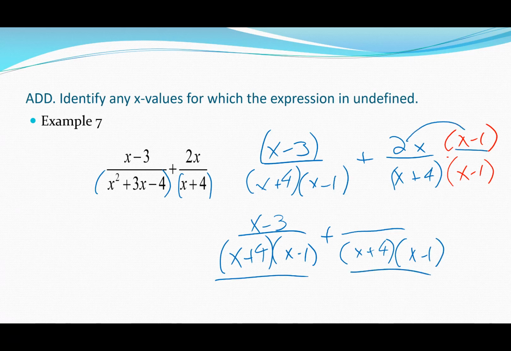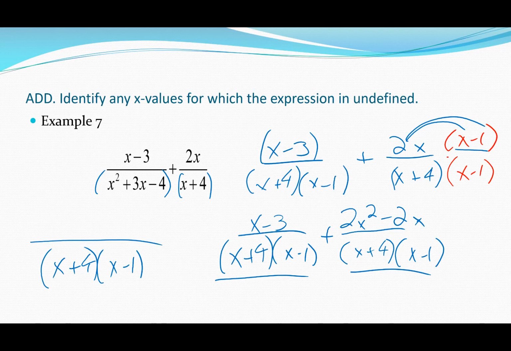So let me go ahead and simplify what that is, multiplying x minus 1 to 2x. So 2x times x minus 1 becomes 2x squared minus 2x. So I've got my common denominator. So I know when I add these together, I'll have my common denominator of x plus 4 times x minus 1.